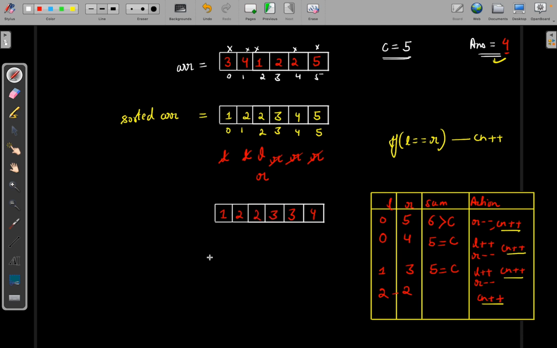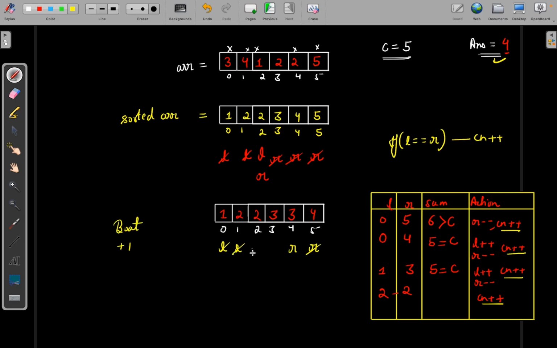So it can be possible here 3, 4, 5. I'm just telling you how this will work. You take the L pointer and R pointer, right? 4 plus 1, 5. So you will move both the pointers, and update your boats count. Let me put plus 1. Then again 2 plus 3, 5.